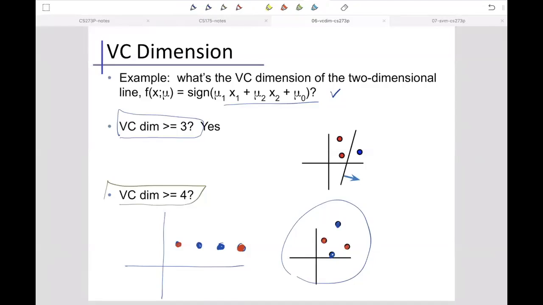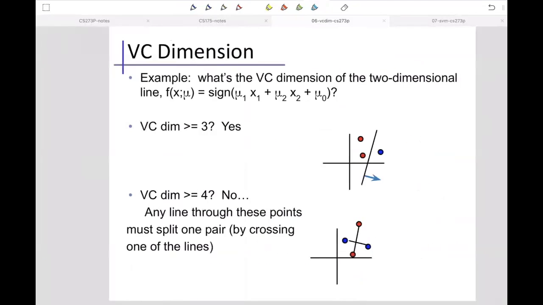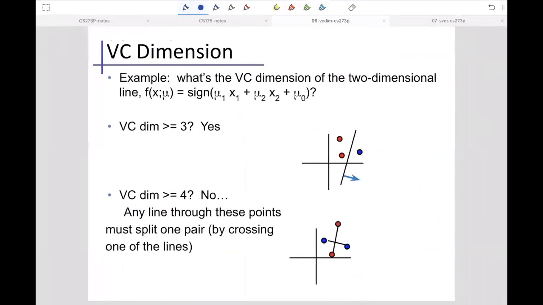So the question is this. Suppose I pick 3 data points that look like this on a line here. If I have a label assignment that looks like this, the model will not be able to correctly label these 3 data points.